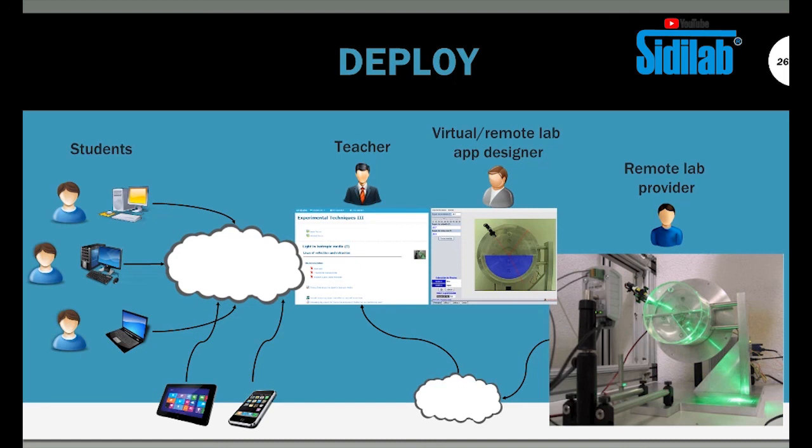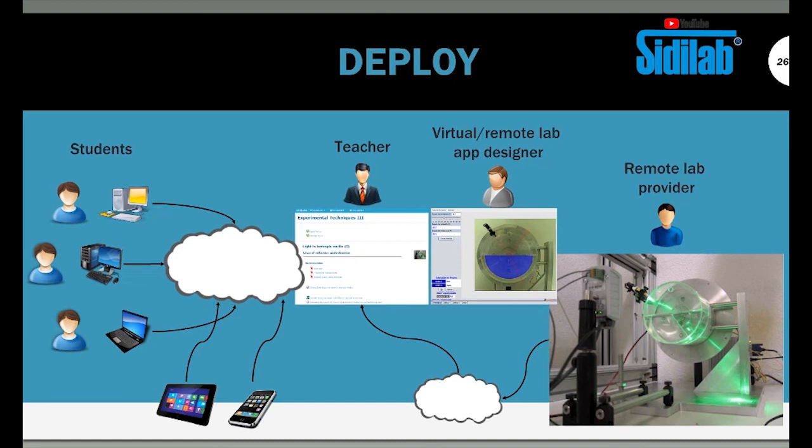In this whole scenario, we can identify 4 roles. We have already talked about the first 2 of them, students and teachers, but 2 new roles appear with the addition of online labs: the lab web app designer and the remote lab owner or provider, if you prefer. Sometimes the teacher, designer, and provider is the same person, but sometimes it is not.